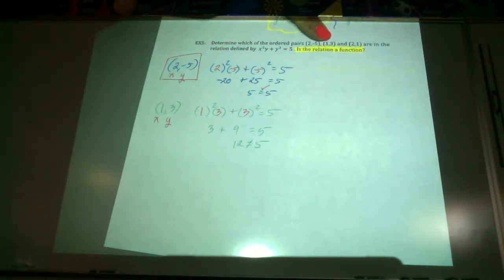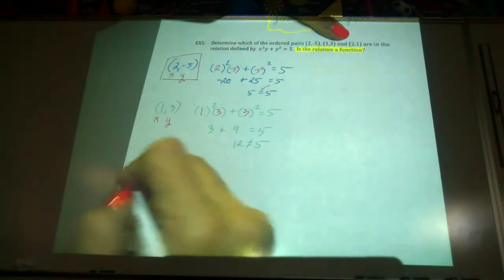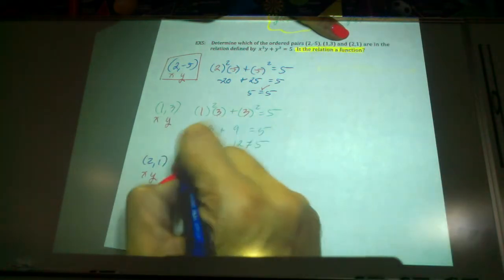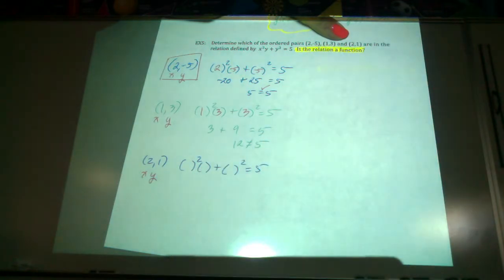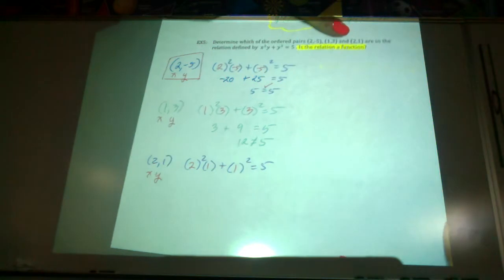And then the last one is (2, 1). So there's our x and our y. So I'm putting in 2 for x and 1 for y.